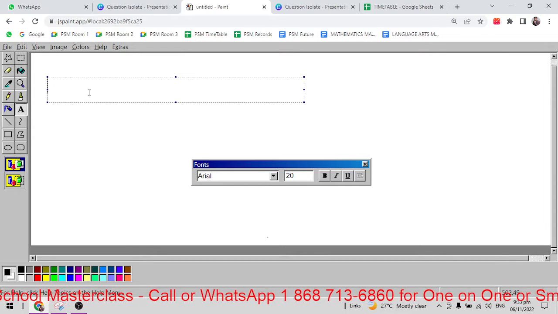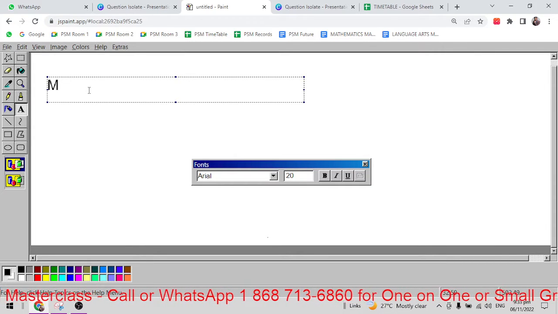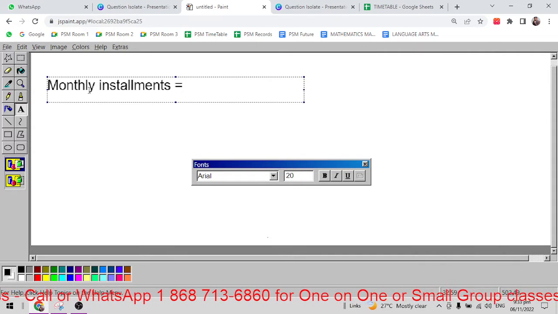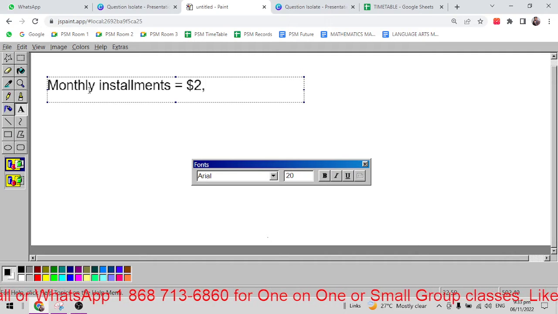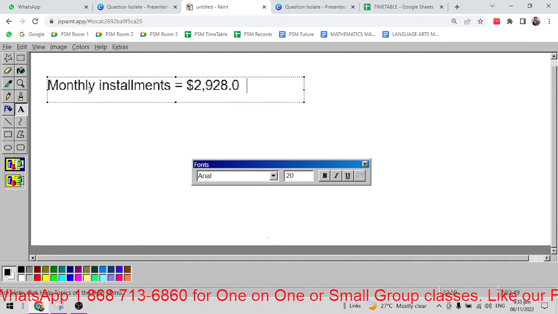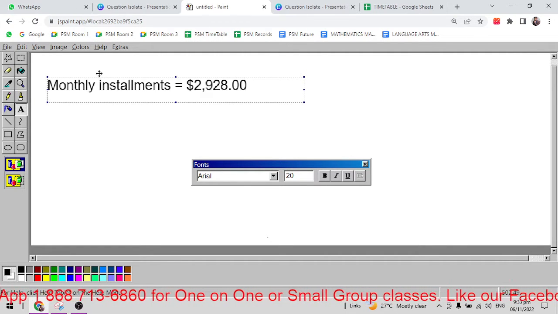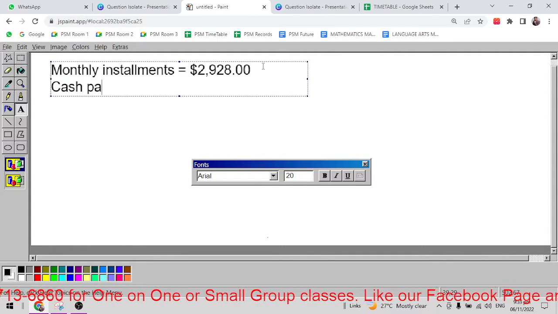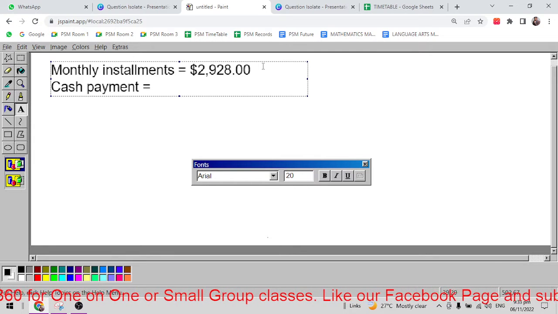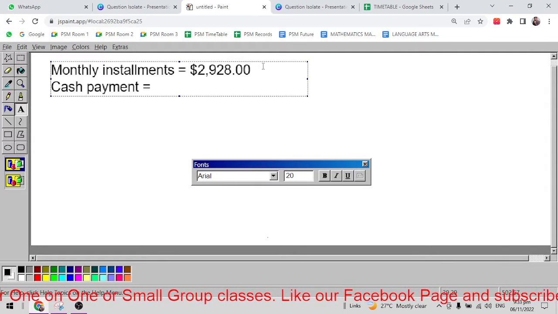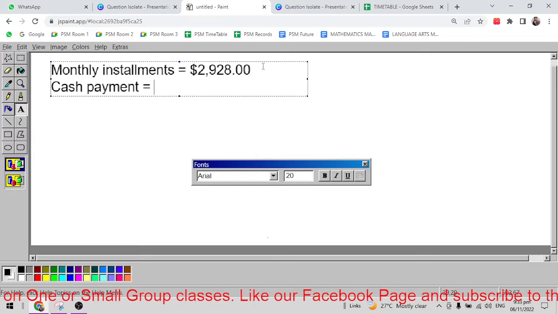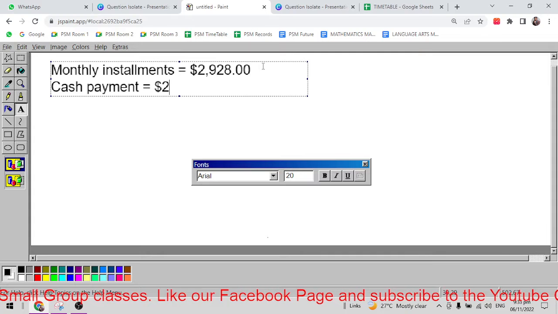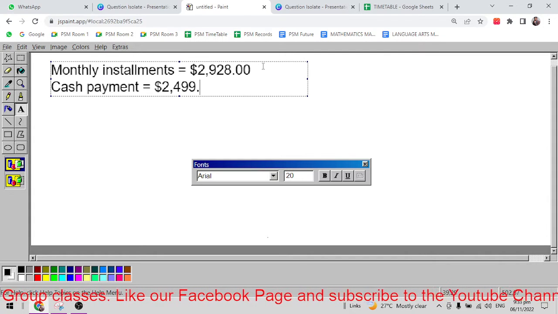I'll write it for you in full. Monthly installments is equal to $2,928, and the cash payment would be equal, that's when we found the 85%, guys. 85% of 2,940, we found that to be $2,499.